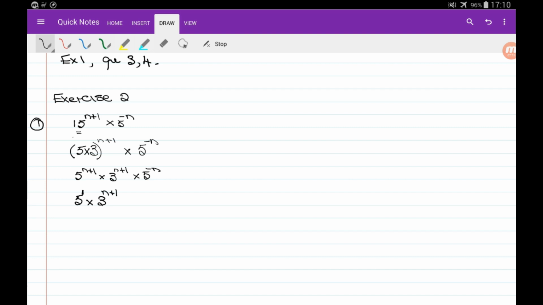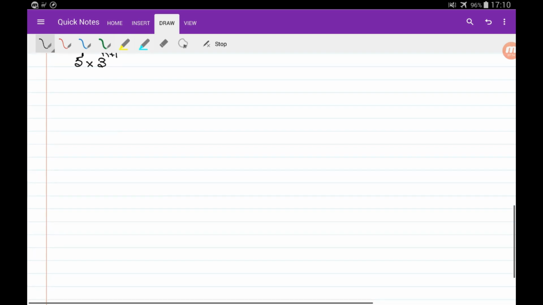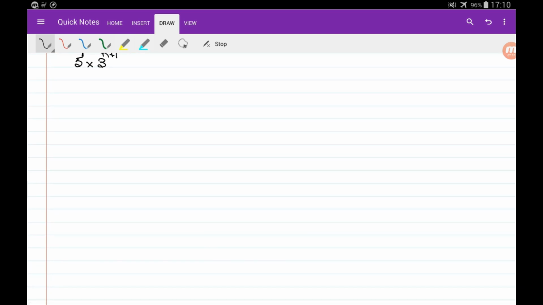The second question from exercise 2 looks as follows. We have 4 to the power of x minus 1 multiplied by 8 to the power of x plus 1, all over 32 to the power of x.